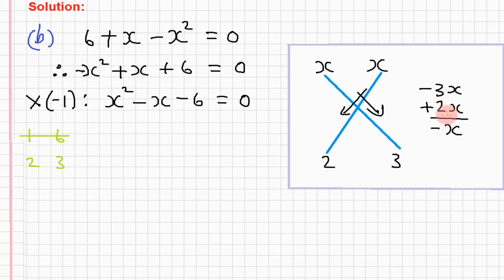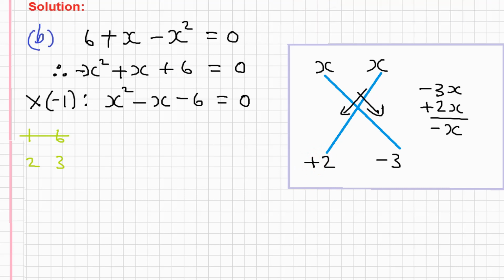So negative 3x plus 2x is negative 1x. How did we get 3x? We said x times 3 and 3 is negative. So we need a minus here. We got 2x by saying x times 2 and 2x is positive. So we need a plus here.